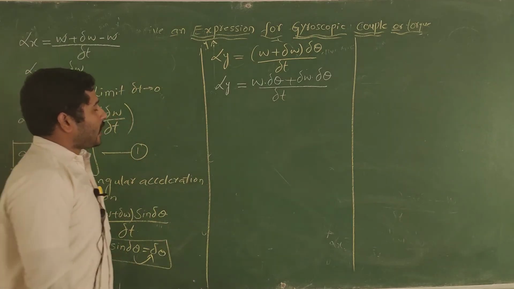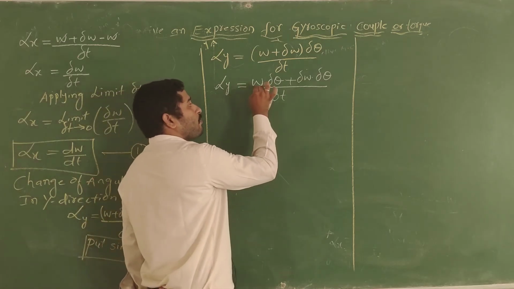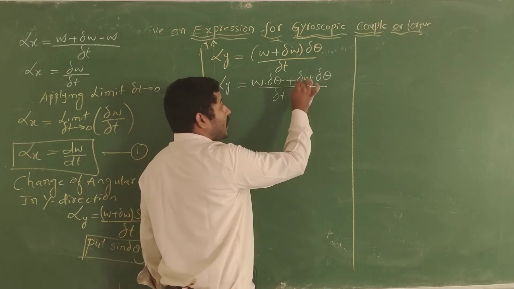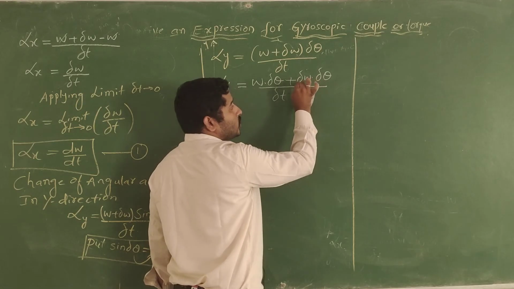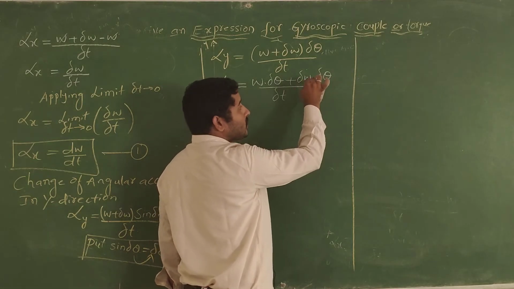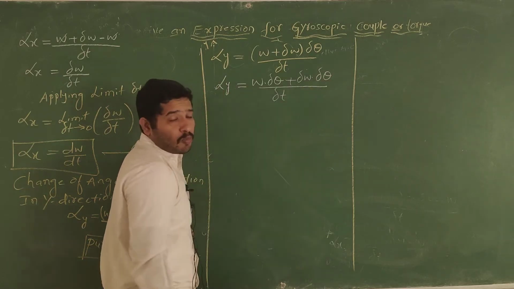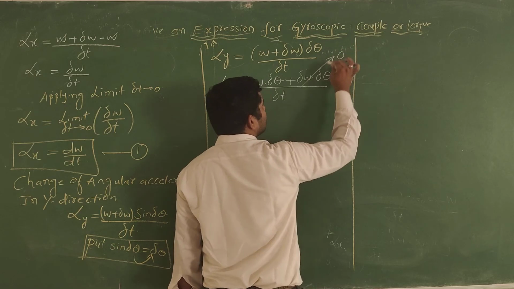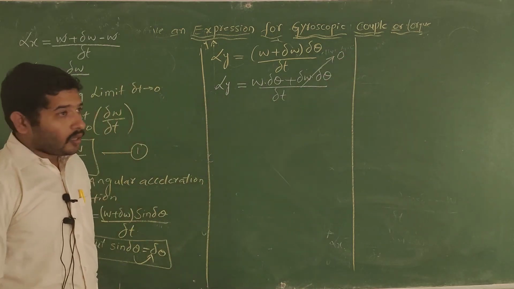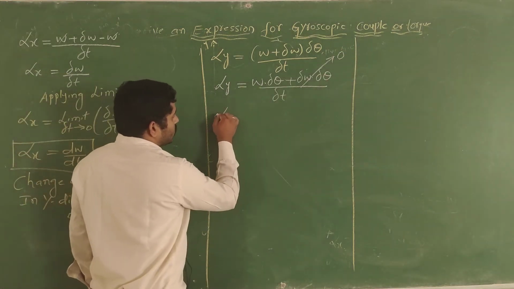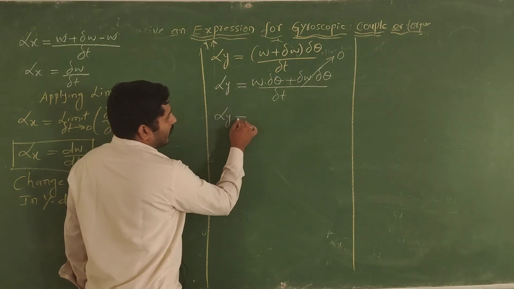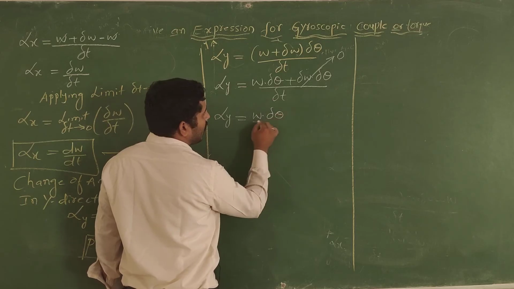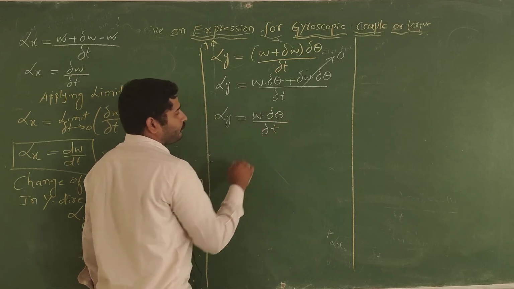One term is the biggest value, another is the smallest value. Here delta omega, the change of angular velocity, is also very small and the change of angle is also very small. So for that reason we neglect it, or it is considered as 0. Then the angular acceleration in the y direction, alpha y, is equal to omega into delta theta with respect to time.